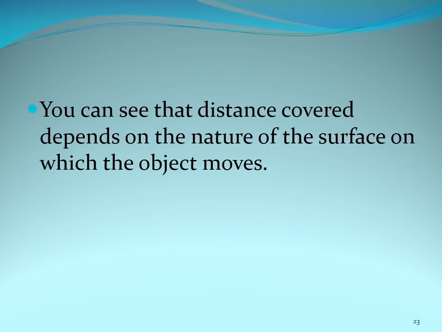You can see that distance covered depends on the nature of the surface on which the object moves. Force of friction is greater for rough surface and it decreases as the roughness decreases.